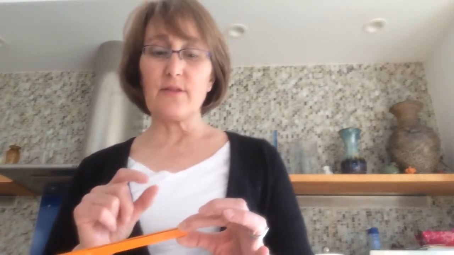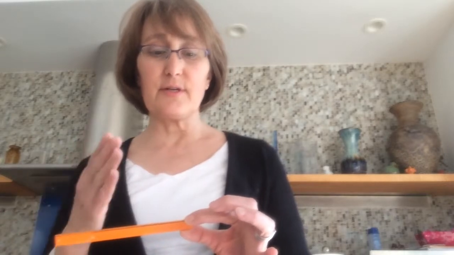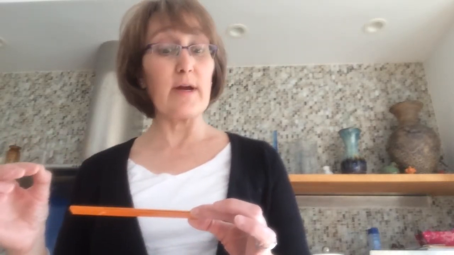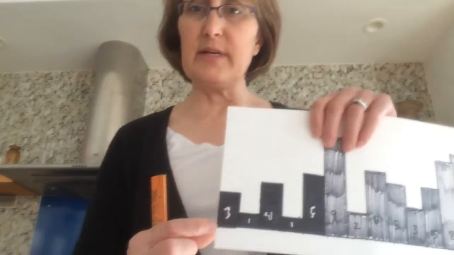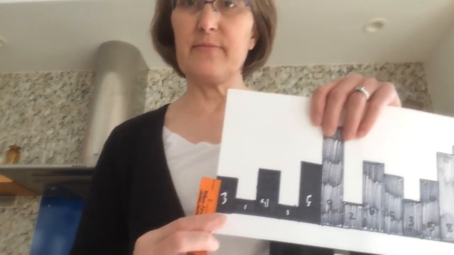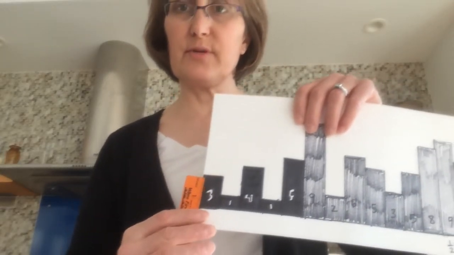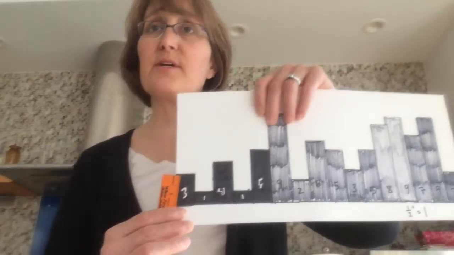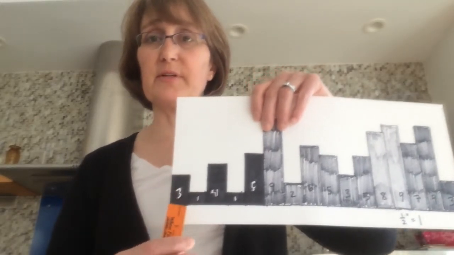I would need 3 1/2 inch squares to equal my first building. So that would be 1.5 inches. So I would take 3 1/2 inch units, squares, to equal my first building.